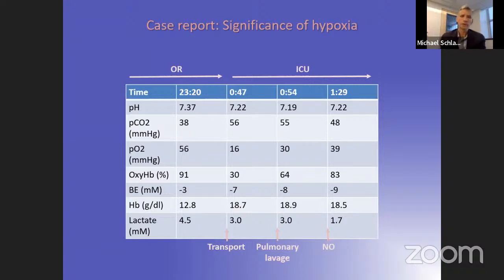And the first gas in the ICU, now after midnight, almost 1 o'clock in the morning, showed a pH of 7.2, a PCO2 of 56, and a PO2 of 16, with a saturation measured by oximetry of 30%. Base excess was -7, a lot of hemoglobin, 18, and a lactate of 3. So this was quite hypoxic, of course.